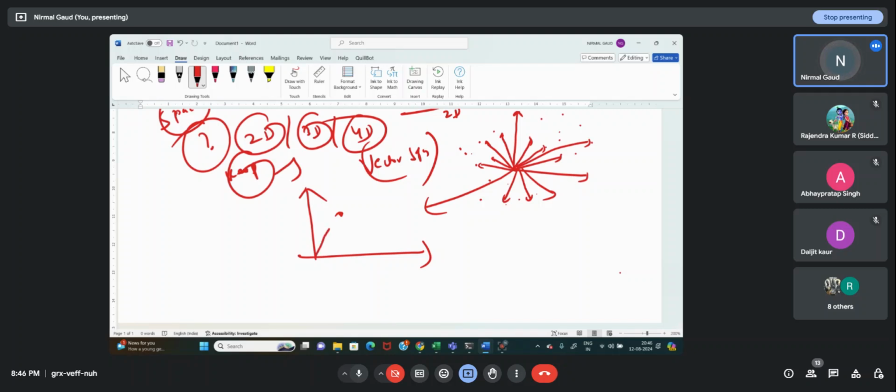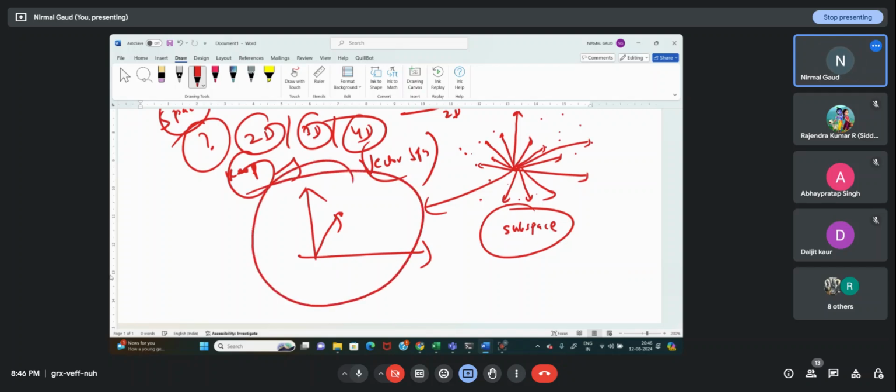And if I represent it in a vector format, this is a vector space. In this vector space, I am creating a subspace. I need a small place for me in this complete domain.